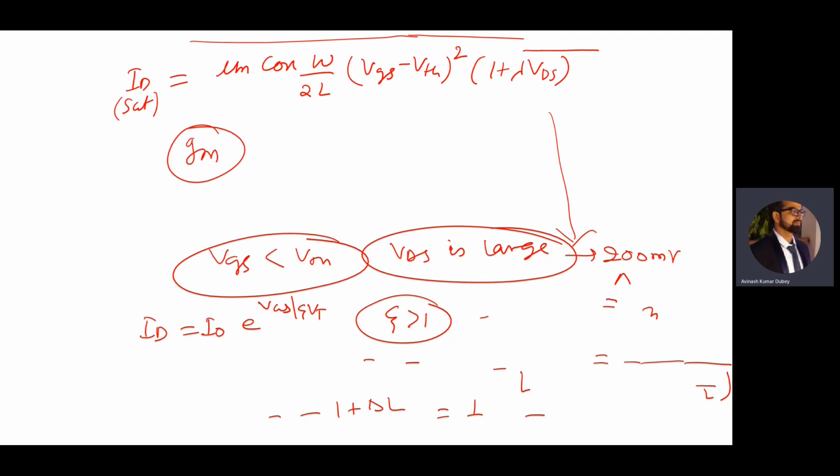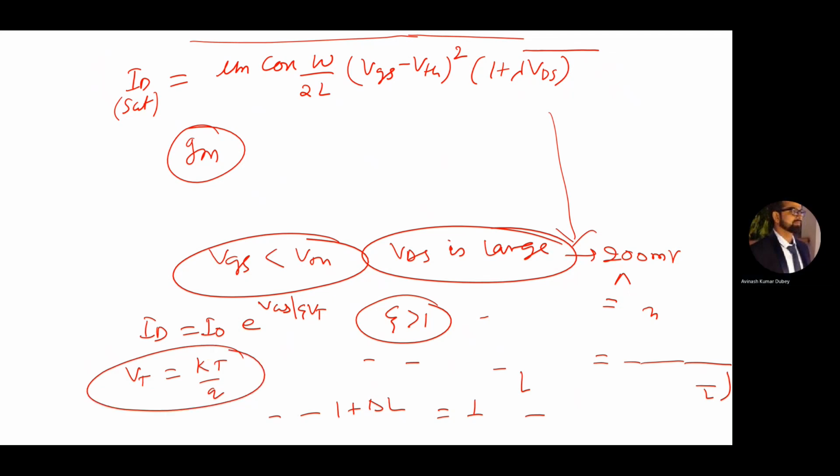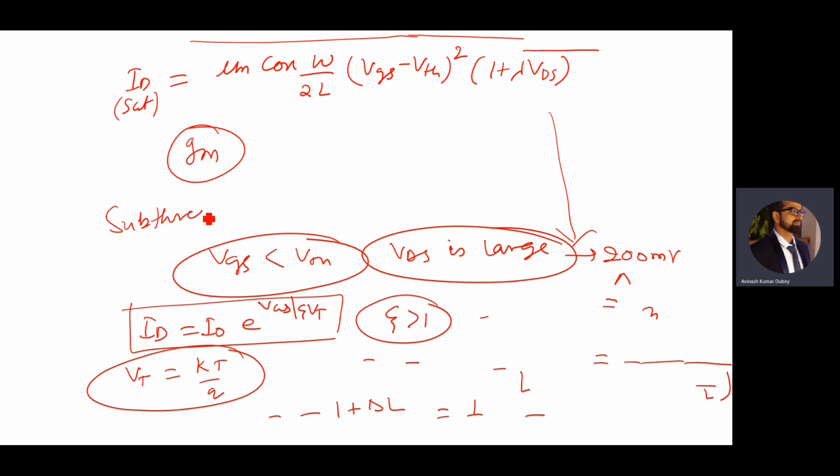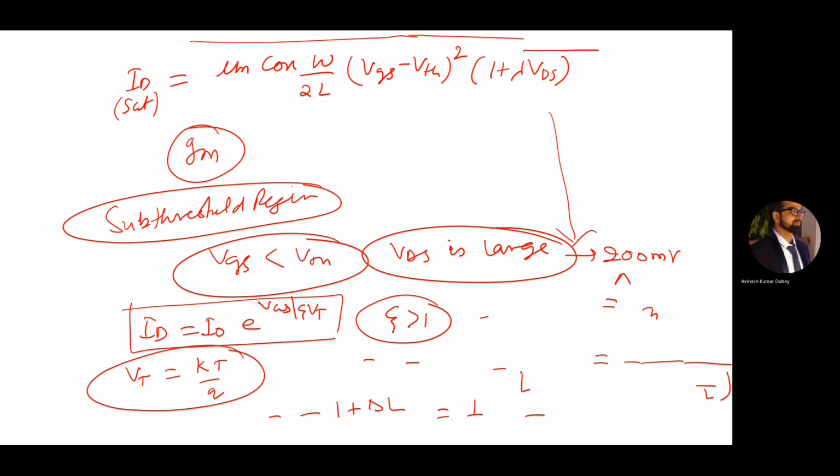It is also called the non-ideality factor, and VT is the thermal voltage given by kT by q, which at room temperature is around 26 millivolt. So this is our current in the subthreshold region. This subthreshold conduction occurs when VGS is less than VTH and VDS is a little bit larger.